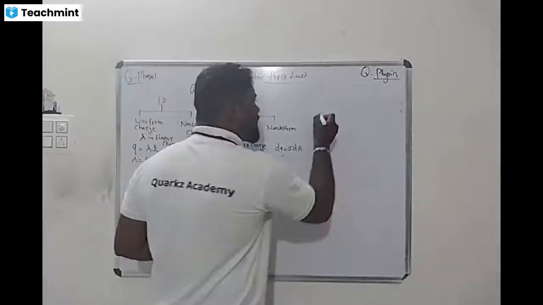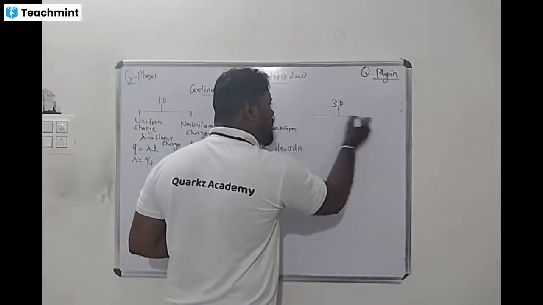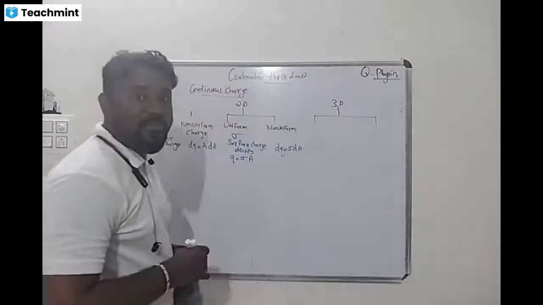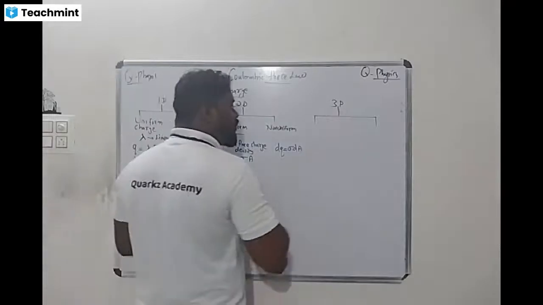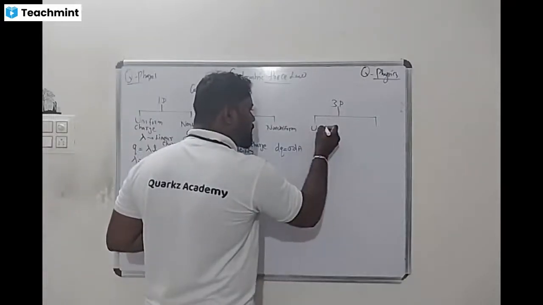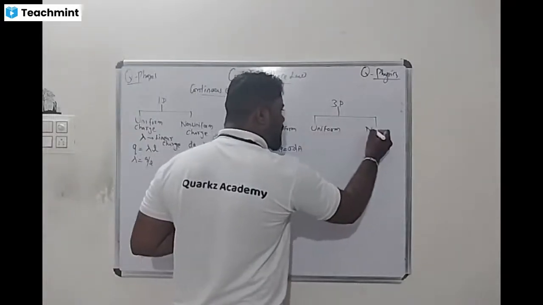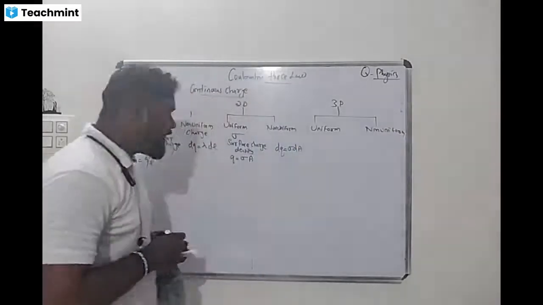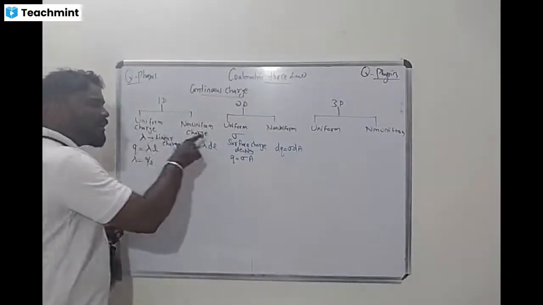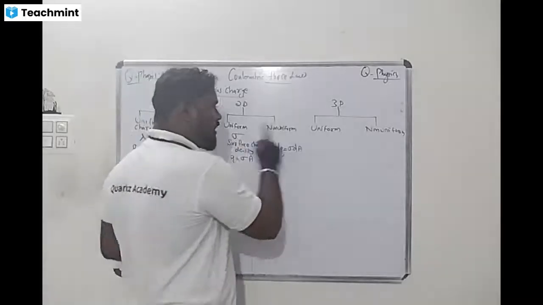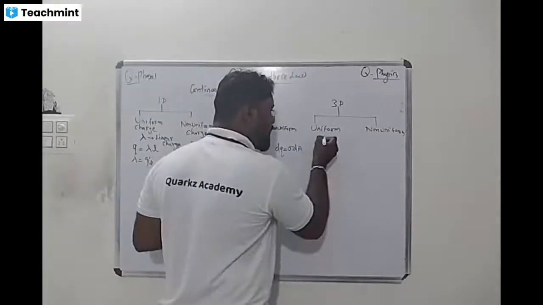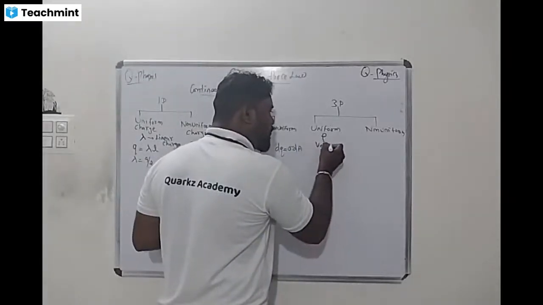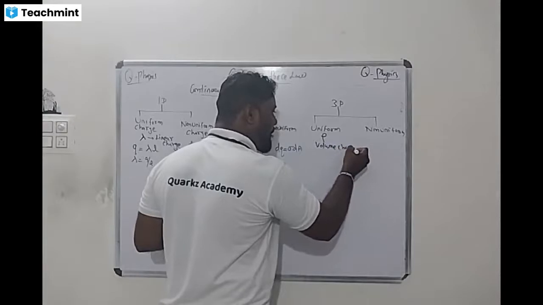Now, what do we get for three dimensions? Here we have linear charge density lambda, surface charge density sigma. Next, what is the charge density? Rho, the volume charge density. Is it clear?